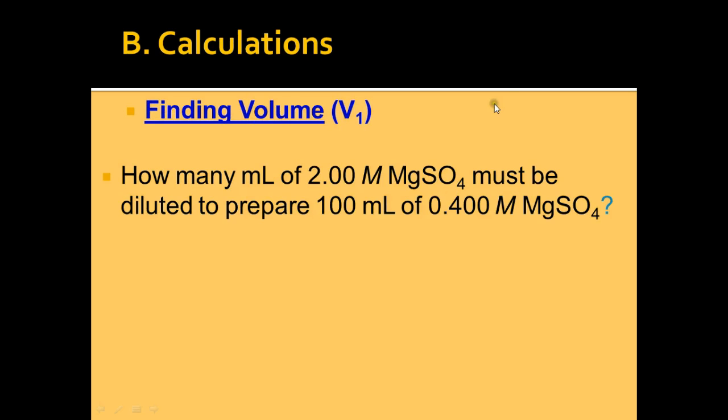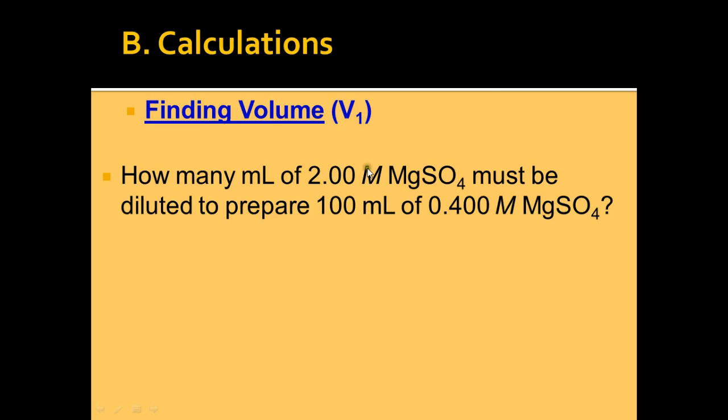How many milliliters of 2 molar MgSO4 must be diluted to prepare 100 milliliters of 0.4 molar MgSO4? So first we have to figure out what we have.